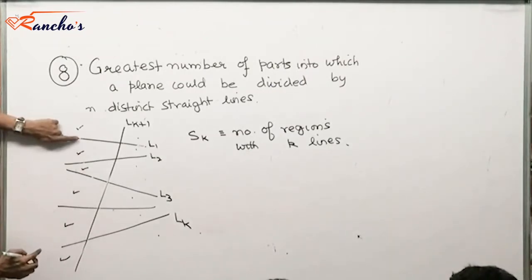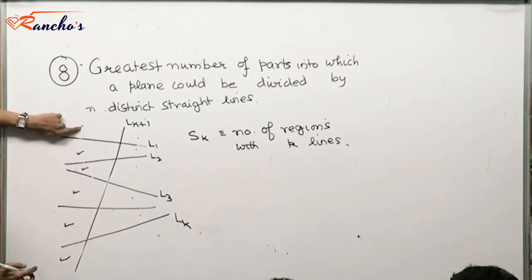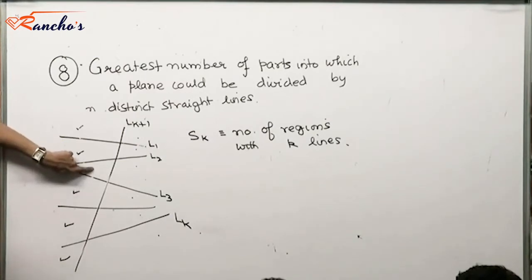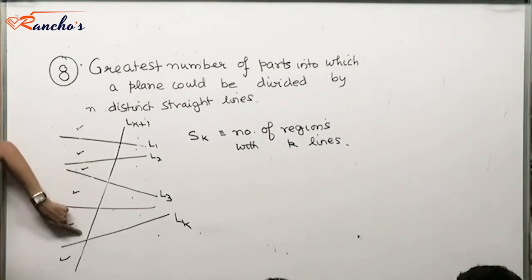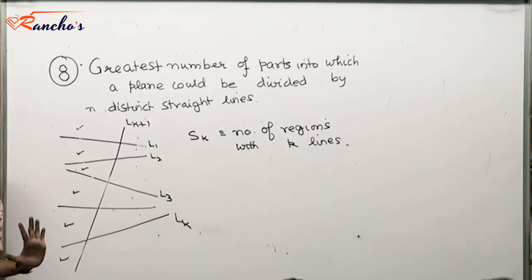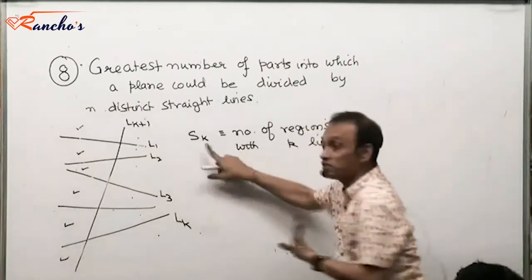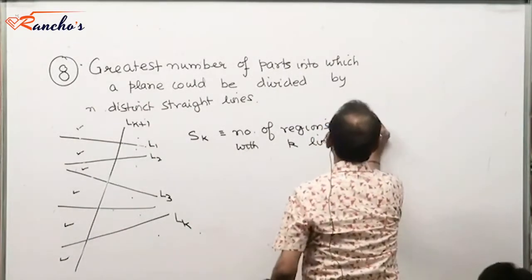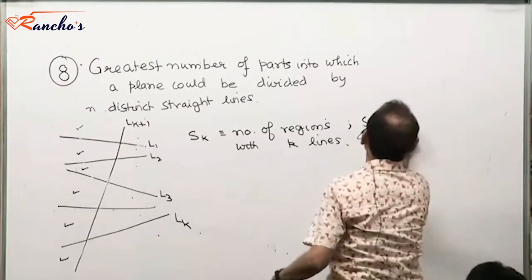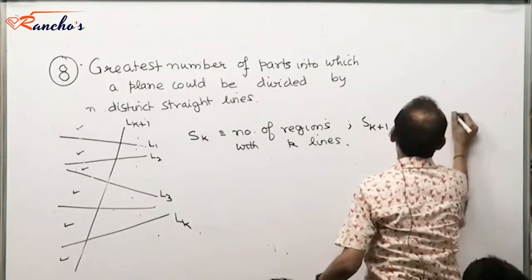See, from here to here, one region, above L2, another region, above L3, 3 regions, above L4, 4 regions, above Lk, k regions, and then one more region here, k plus 1 regions. K plus 1 regions have got added. Do you all understand that? That means, if Sk were the number of regions for k lines, then Sk plus 1, for one more line, would be Sk plus k plus 1.